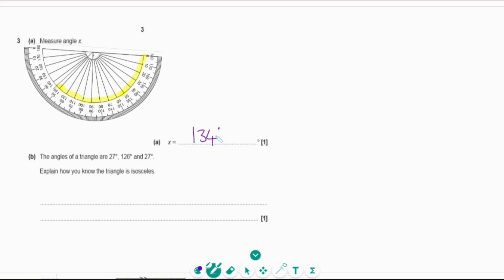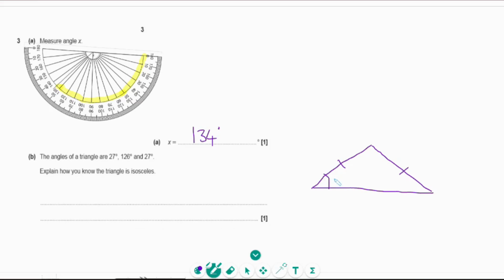Anything around 134. The angles of a triangle are 27, 126 and 27. Explain how you know the triangle is isosceles. Okay, so for an isosceles triangle, we know that 2 of the angles are the same and 2 of the lengths are the same.